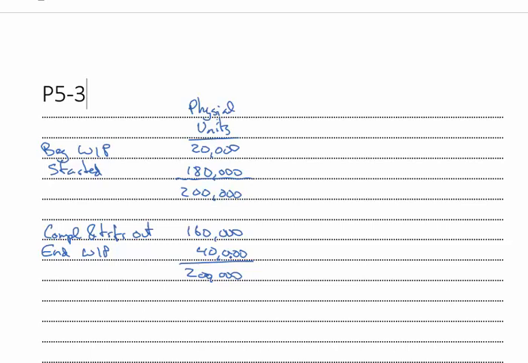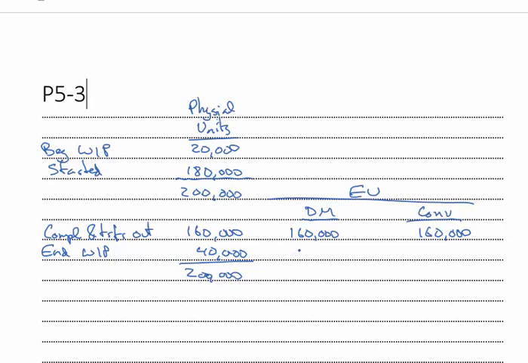Okay, so equivalent units, we've got materials and conversion. And again, completed and transferred out have to be 100% complete, so this is going to be 160,000 for both. Okay, ending work in process: 100% complete with respect to materials and 25% complete with respect to conversion.